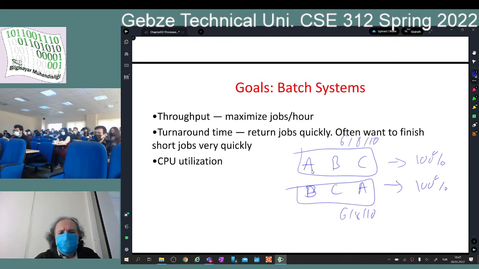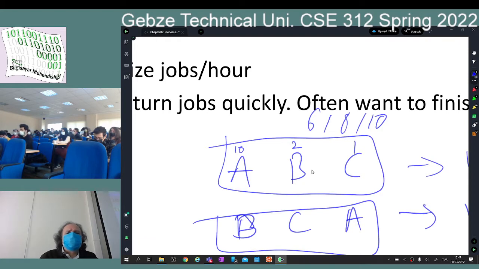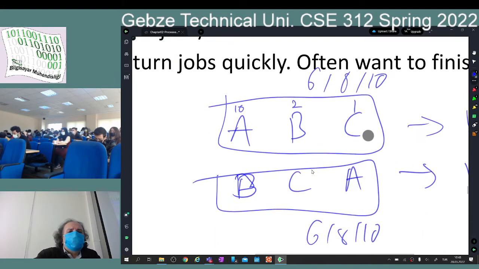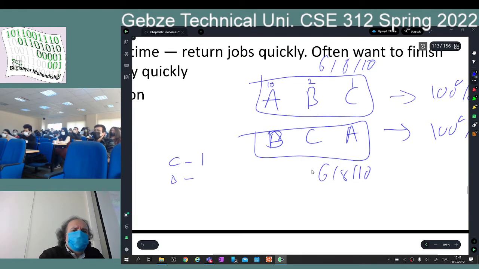If A is going to take, let's say, 10 minutes, this one is 2, this one is 1. This rule says do C first, so that it will be done in just 1 minute. Then B: 2 minutes for B, but 1 minute is waiting for C, so it will be 3 minutes.